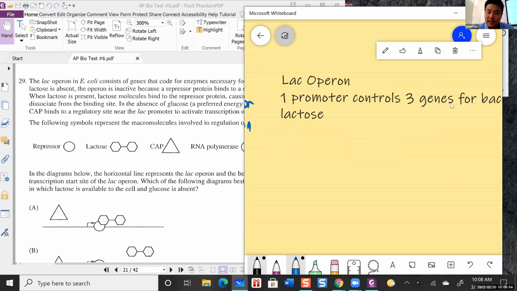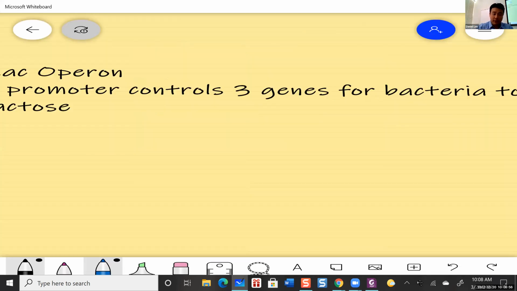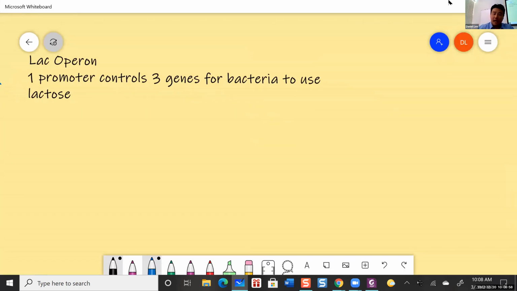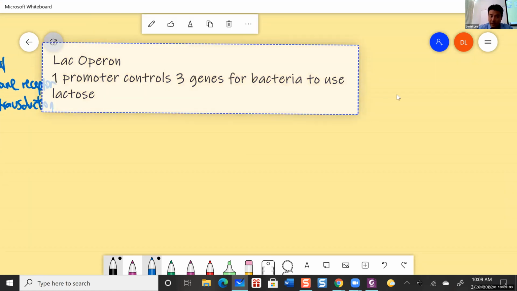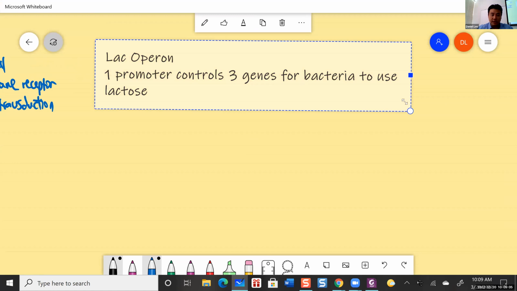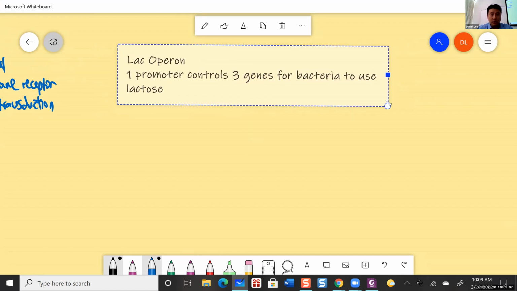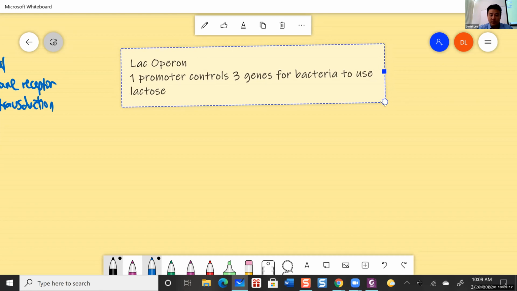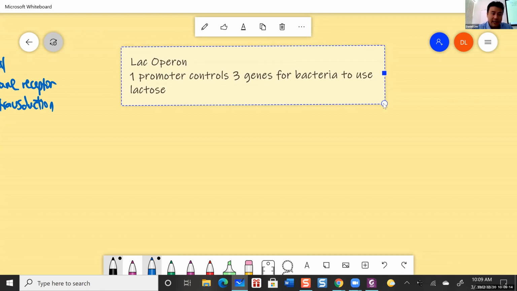Now, because lactose is not the preferred nutrient, the lactose operon is not on all the time. It is only turned on under two conditions: when there is no more glucose, the preferred nutrient, and when lactose is available. It kind of makes sense, right?